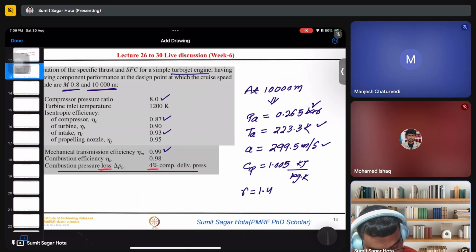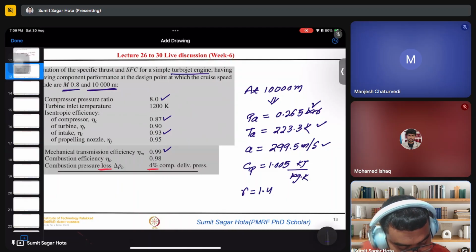You know very well that the turbine gives the input power to the compressor, and by the turbine power only the compressor will work.